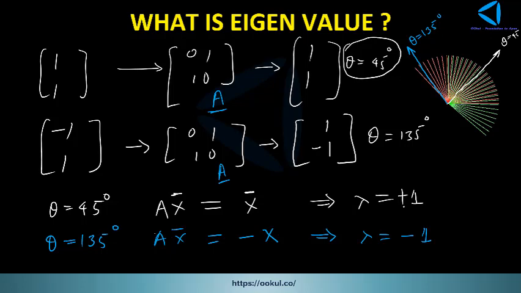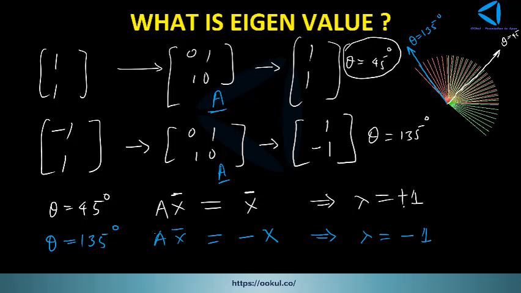If it is positive, whatever vector goes into the matrix and comes out as a new vector, if both directions are the same, then your lambda will be positive.